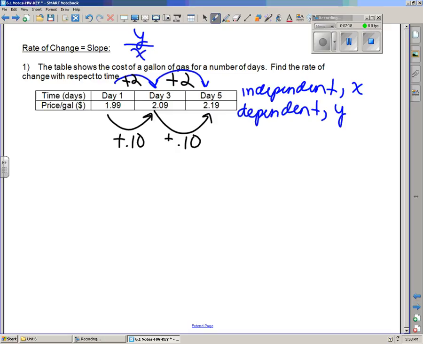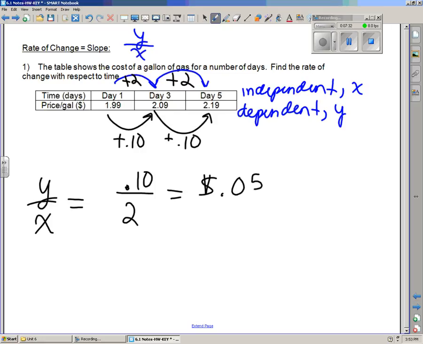So because slope, the rate of change, is the y value over the x value, a 10 cents increase per every 2 days means that really the rate of change is going to be 5 cents per day. Again, it's just the y's over the x's, okay? And time always tends to be the independent variable.